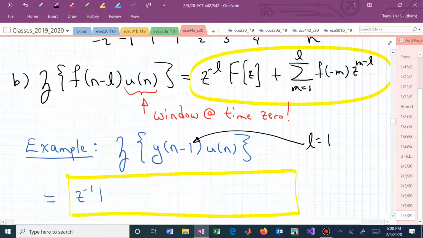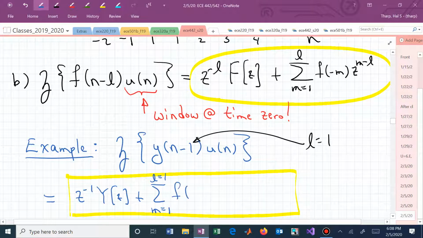Oh, and this is y of z, plus, now I have this sum from m equal 1 to L equal 1, f of minus m, z to the m minus, and now that L is 1.